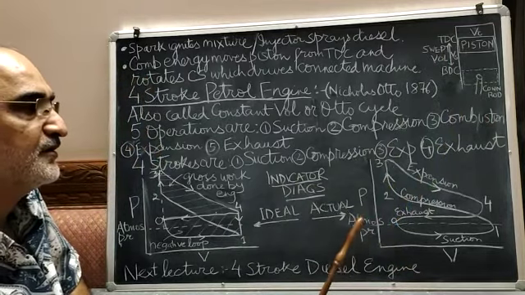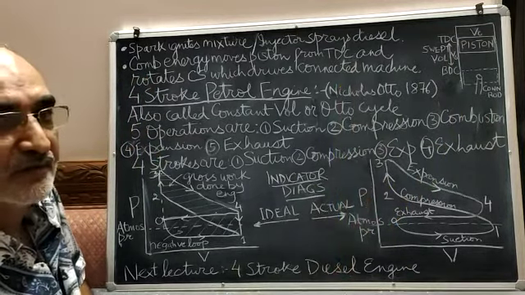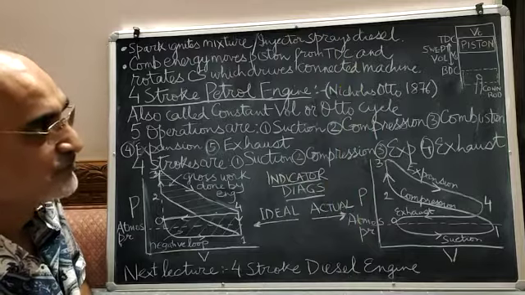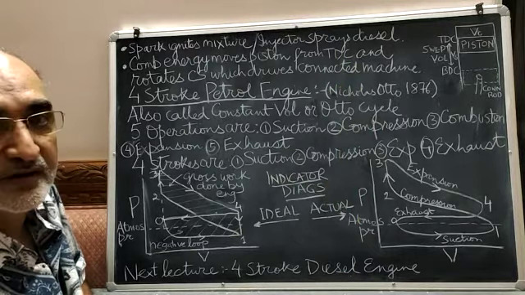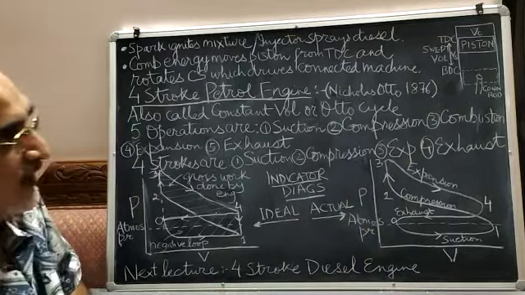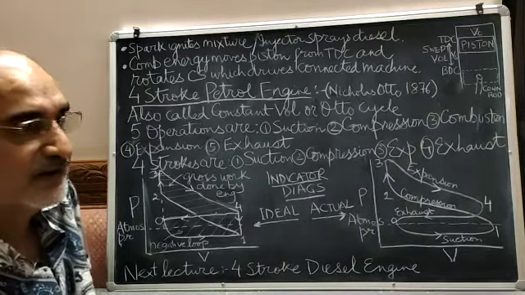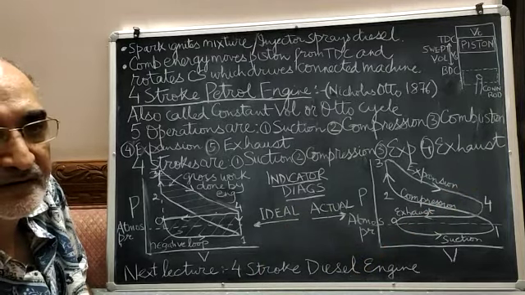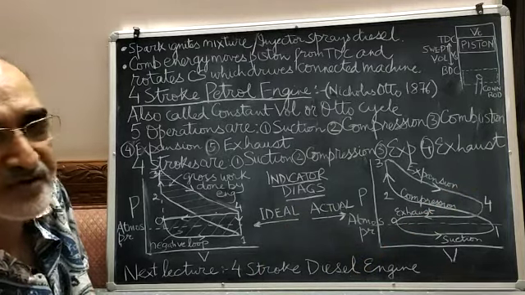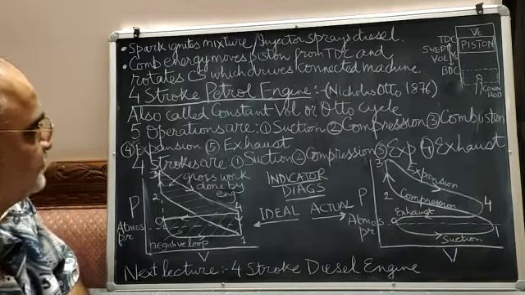So this vertical motion of the piston is converted into the rotary motion of the crankshaft, and the crankshaft in turn is connected through a flywheel, clutch, and gearbox to any machine we want to run.